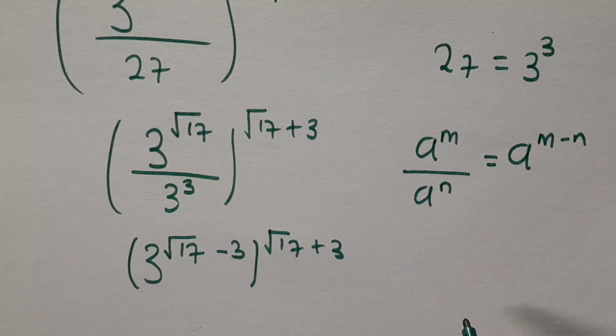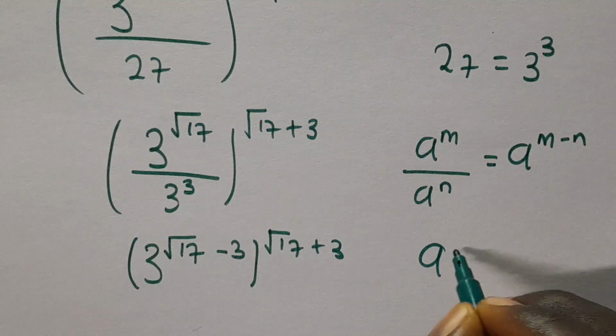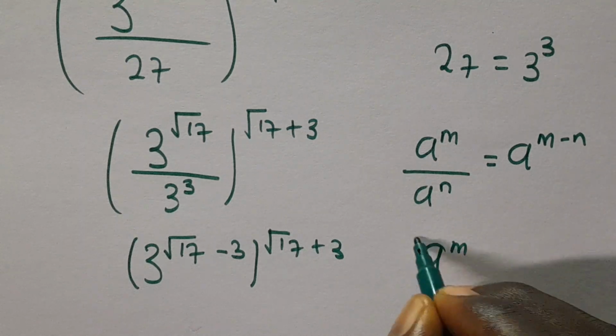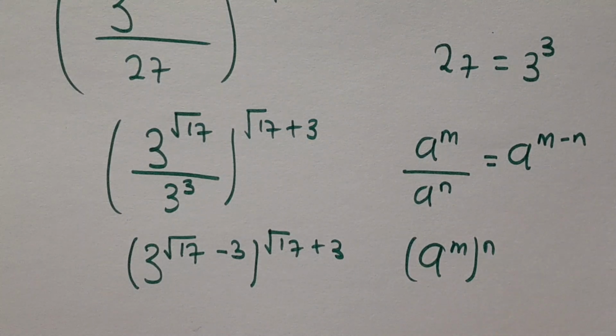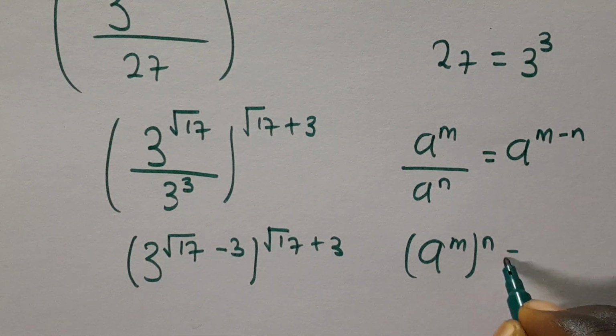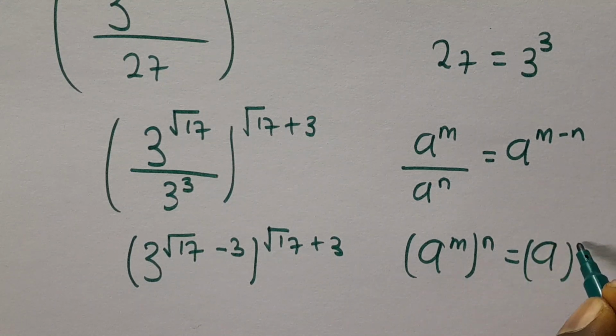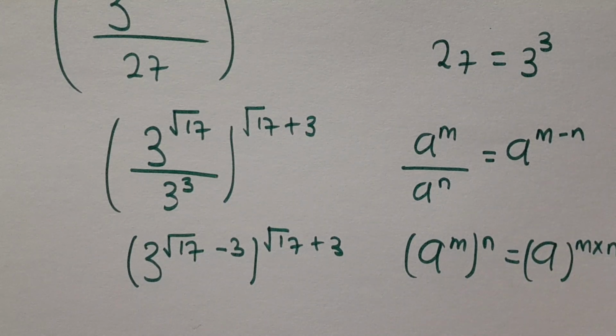Now, according to law of indices again, when we have a raised to power m, all in bracket raised to power n, we can have this to be equals a raised to m multiplied by n.